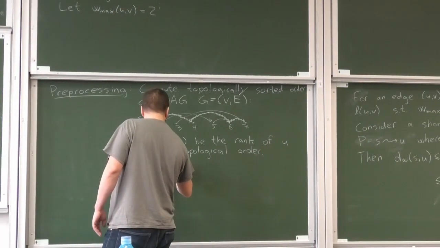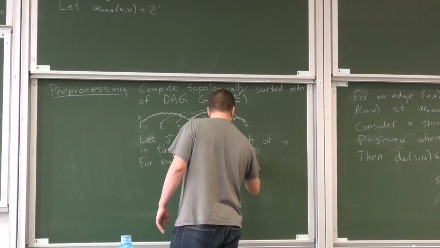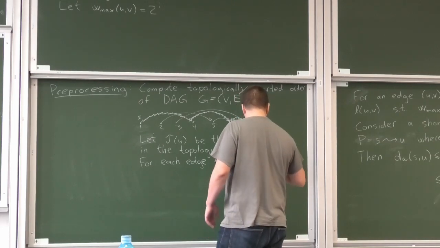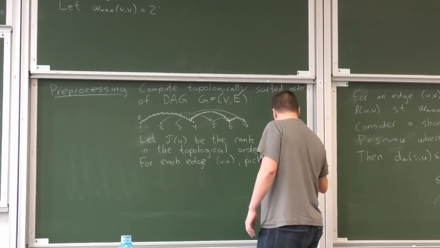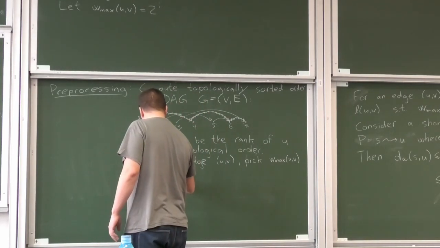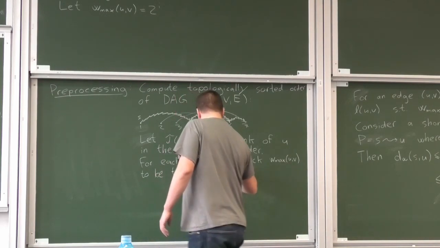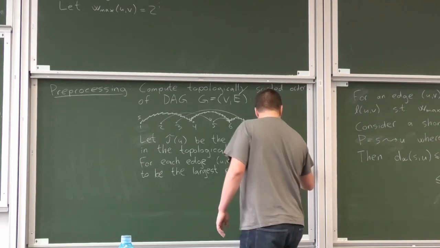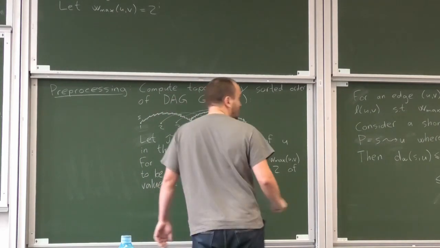So in the pre-processing step, for each edge u comma v, pick W max of u comma v to be the largest power of 2 value at most this here.